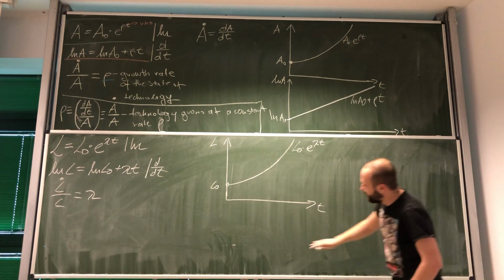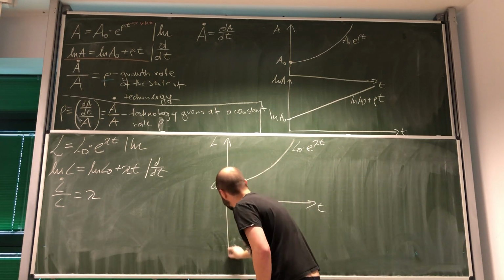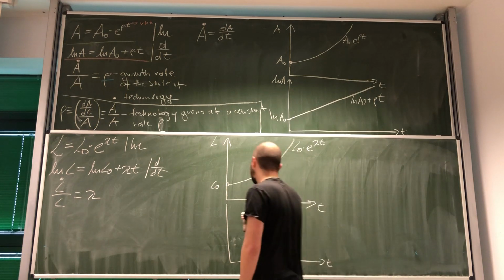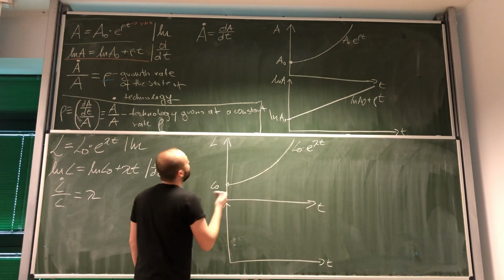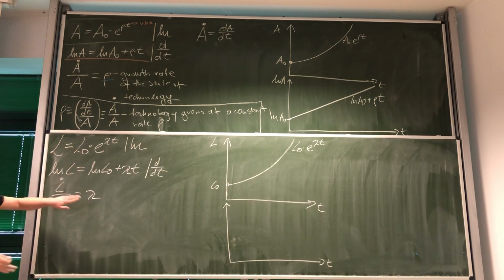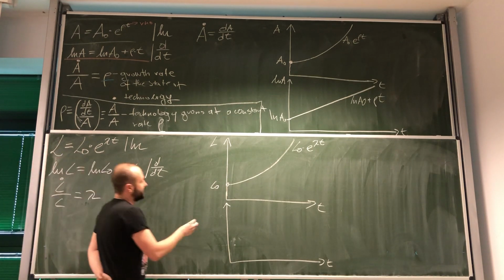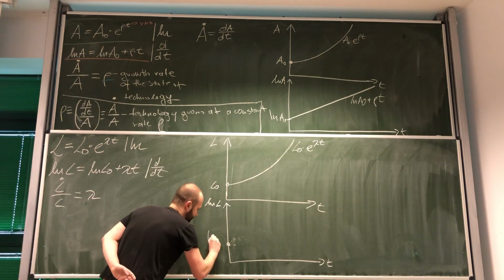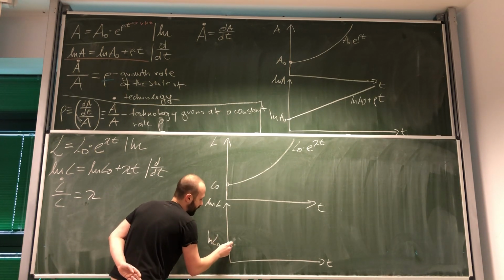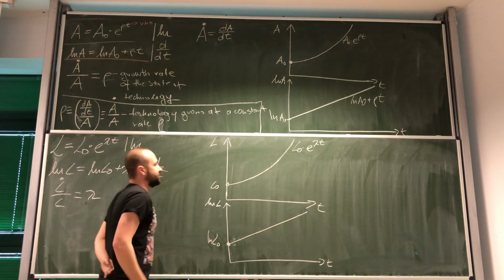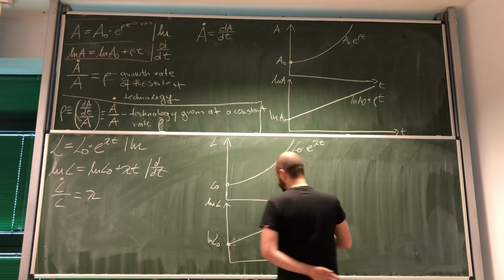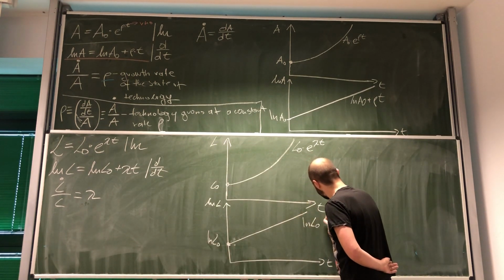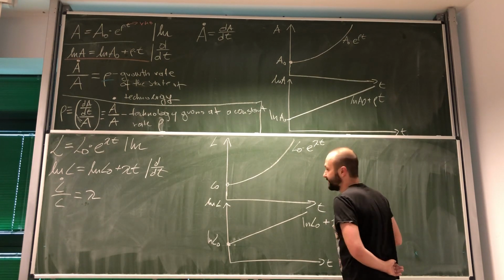If I use a semi-logarithmic scale, again we expect a linear function because we have a constant growth rate. So we've got ln L, we start at some ln L0, and the function grows at a constant rate lambda. So we've got ln L0 plus lambda t.